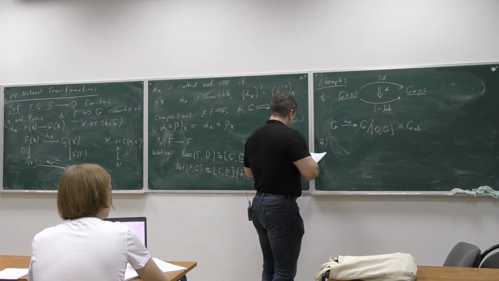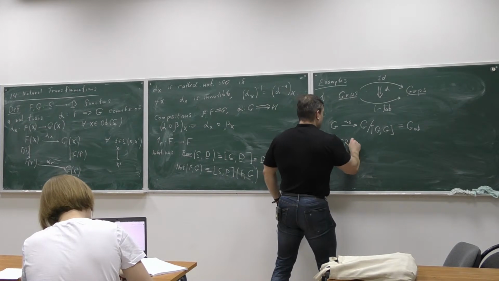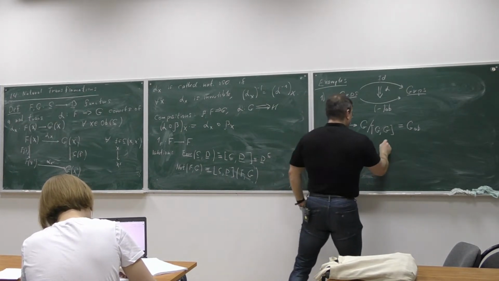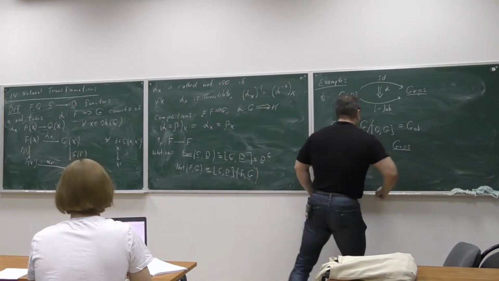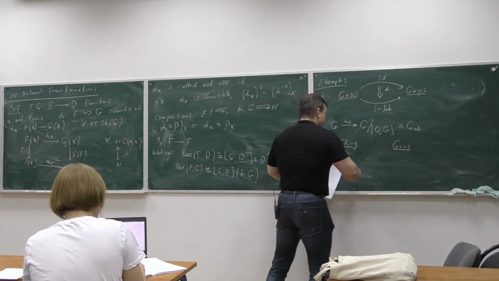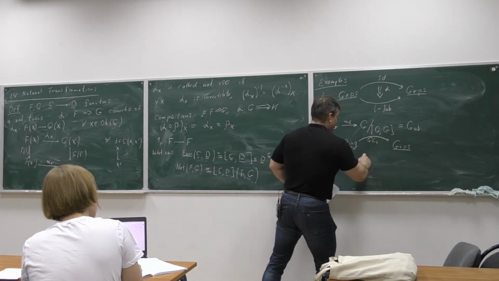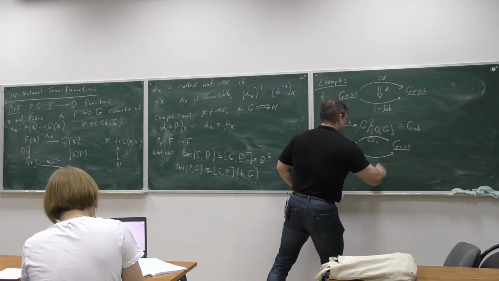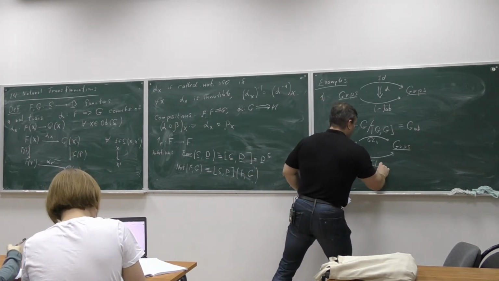Okay, so next example, I take the category of commutative rings and the category of groups. So here the first functor is the GL_n functor, and the second functor I can call GL_1.